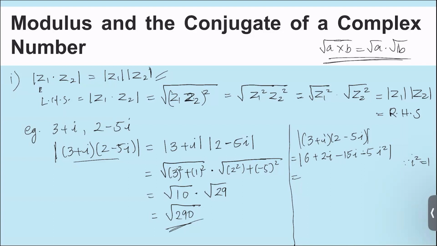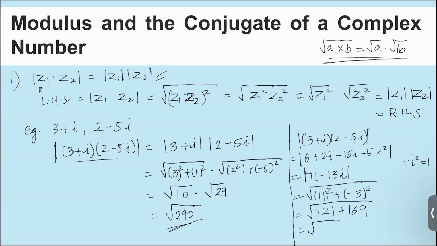So 6 plus 5, we can write directly as 11, and over here you have minus 13i. Now the modulus of this entire complex number would be 11 squared plus (minus 13) squared, and you get 121 plus 169, and if you add it up, you get 290.